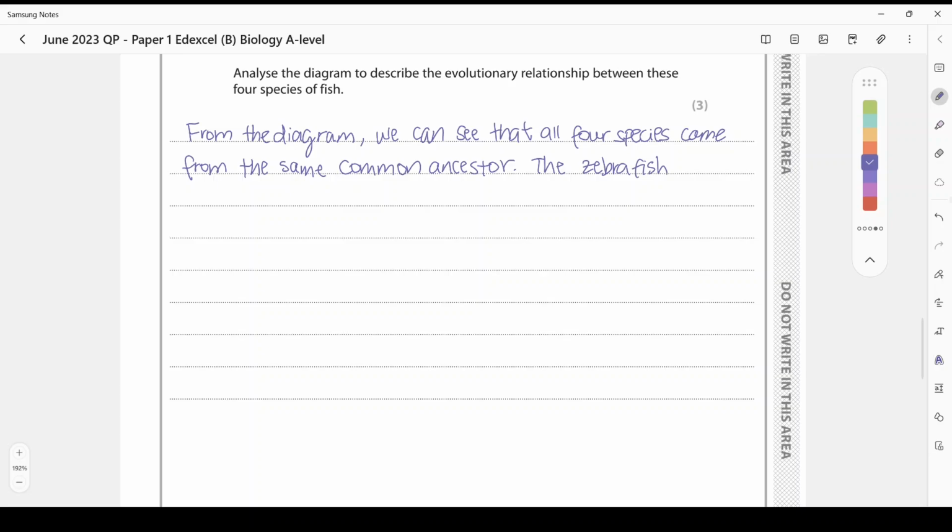The zebrafish are the most distantly related.